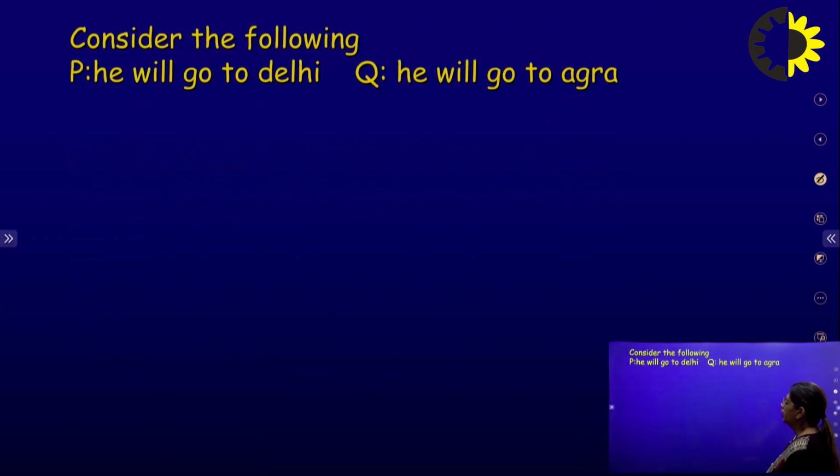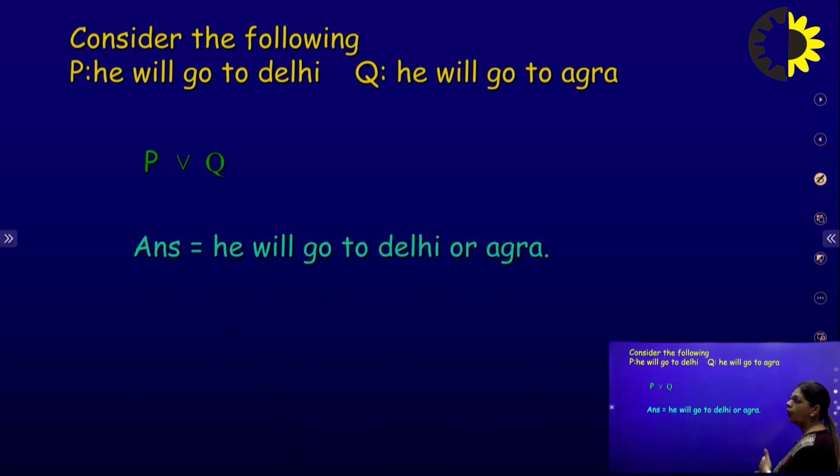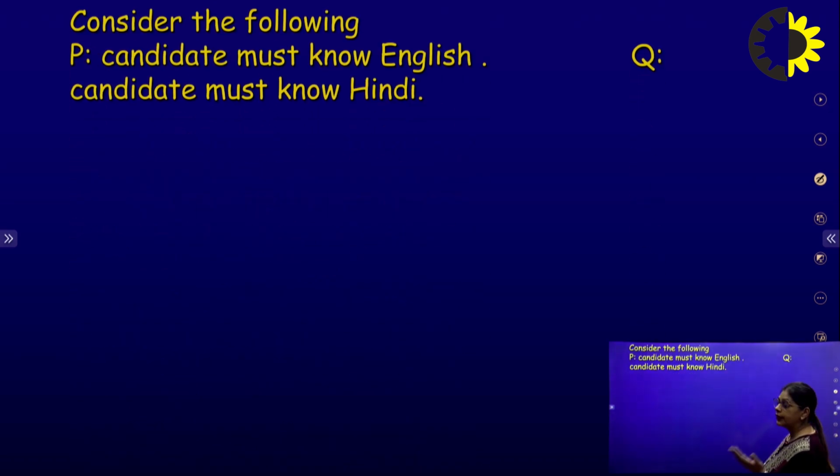Now, the statement: he will go to Delhi. P is he will go to Delhi and Q is he will go to Agra, right? Now we have to put an OR in this. So, what will be the statement? He will go to Delhi or Agra, right? Now, whether these statements we are creating are true or false depends on the condition where they are implied.